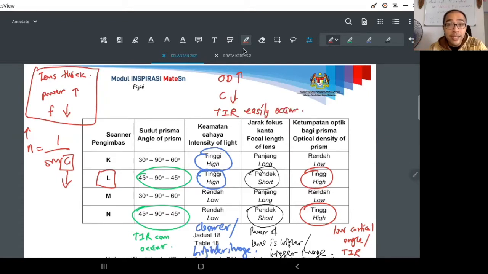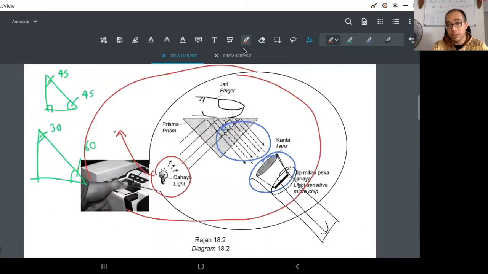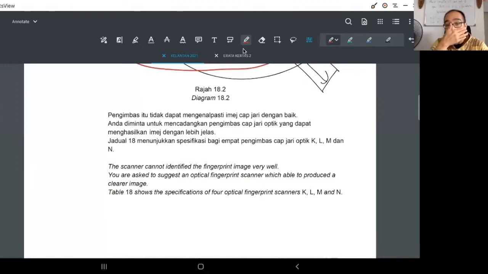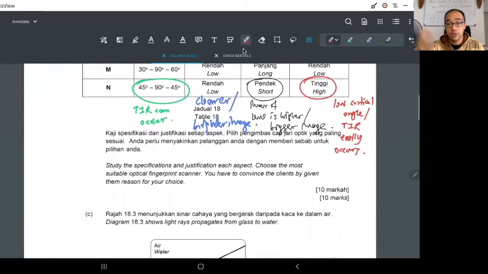When it easily occurs, then you can get a good reading, you can scan your fingerprint with no problem. There's no such thing as, oh, error. That's what we don't want, which is what is happening now. Possibly the total internal reflection is not happening very well. There's a problem. It's not identifying the image very well, so you need to modify. And so we would use scanner L, and so on and so forth.